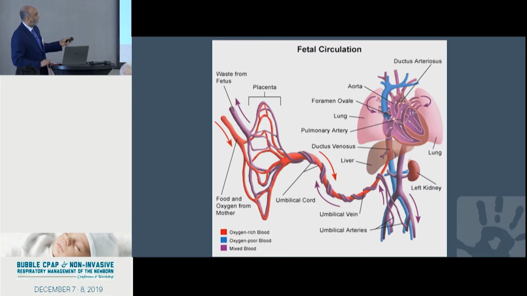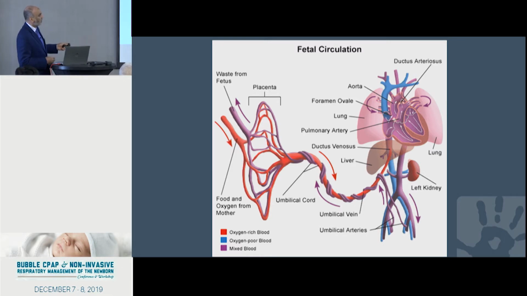So the fetal circulation, as we know, is blood coming from the umbilical vein, the oxygenated blood going into the right side of the heart. Then some of it will go to the left side of the heart, and then some will go to the right ventricle, and then we have the ductus arteriosus with still more shunting.